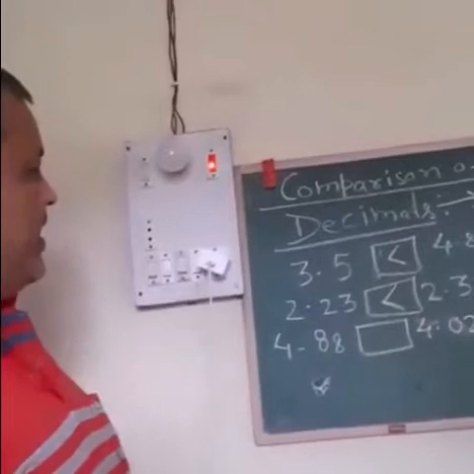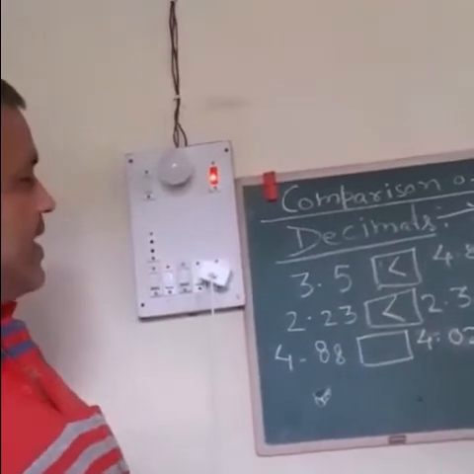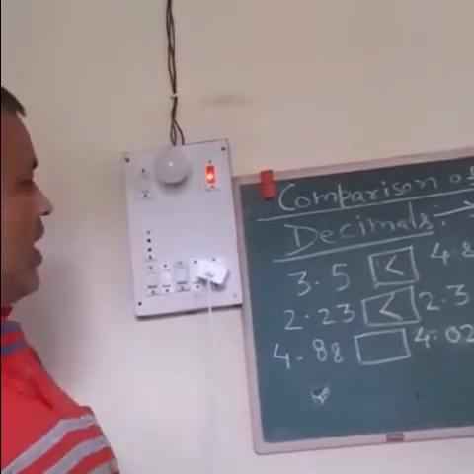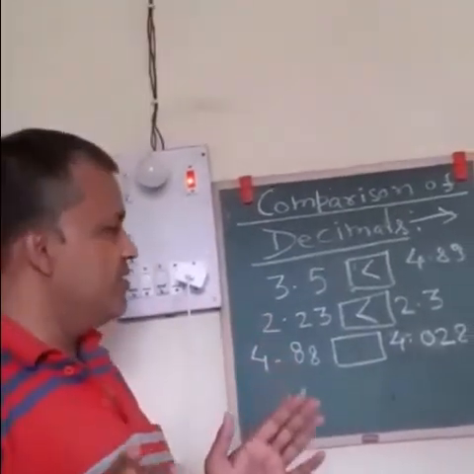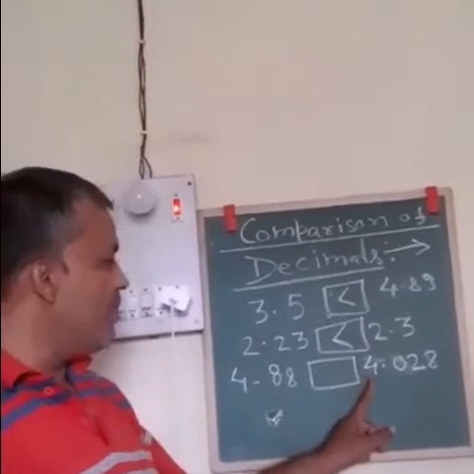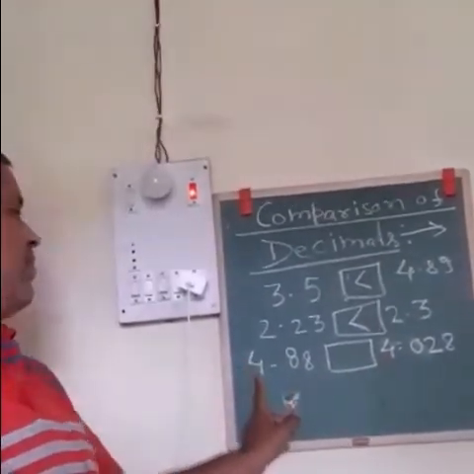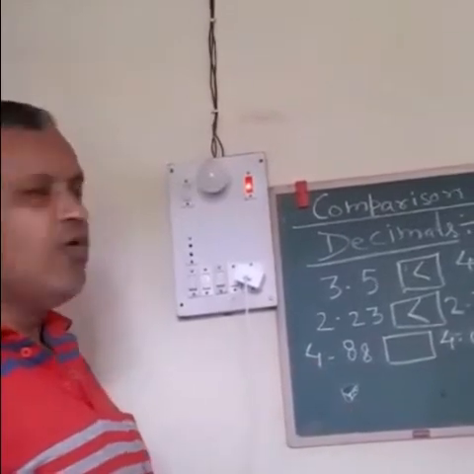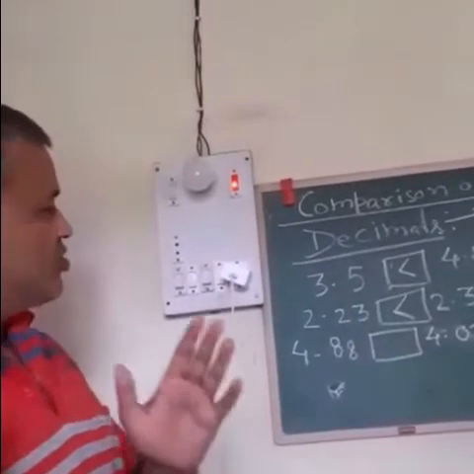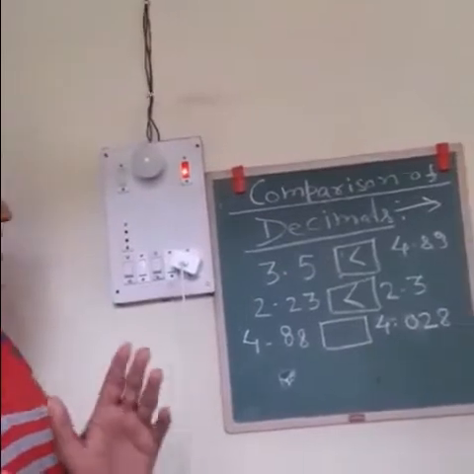We have to find which number is greater. So at first we should compare the whole number part. We see here whole number part 4 and whole number part 4. Both are equal. Then what should I do? Now we should compare the decimal part.